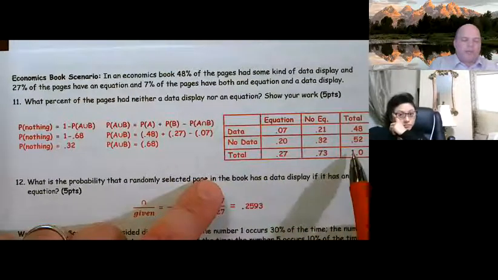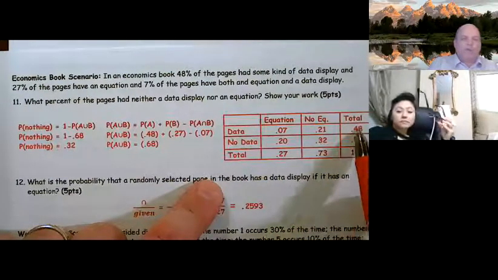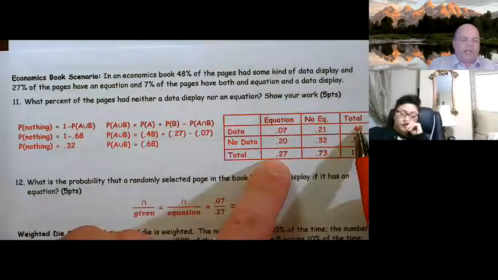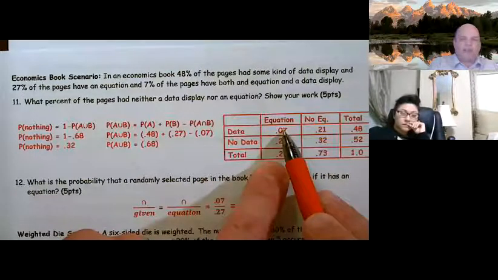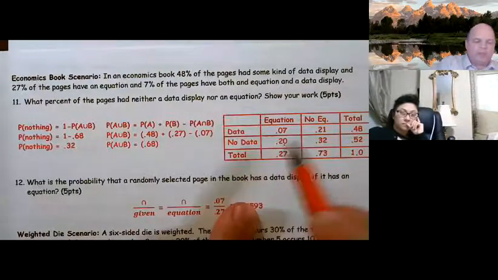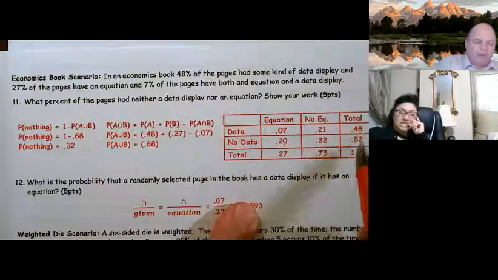I know I have 100% right here. Well, 48% have a data display, 27% have an equation, and 7% have both. So 27 minus 7 gives me 20.